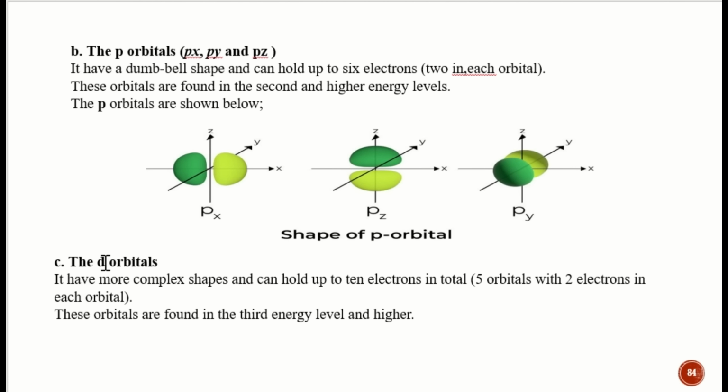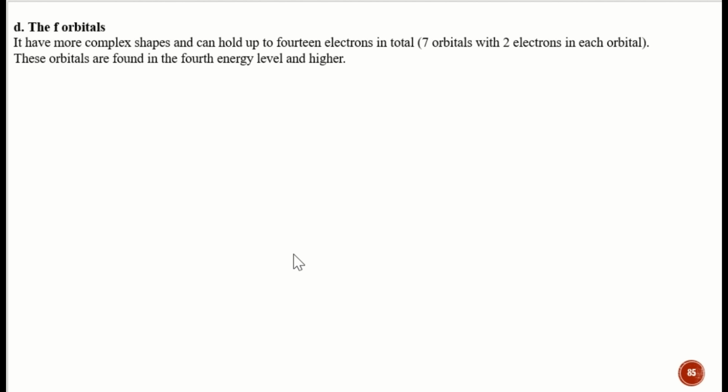And the next is the d orbital. It takes a maximum of 10 electrons. It has 5 orbitals, d1 to d5, and it's regarded to be a higher energy level than the p and the s. And the highest of them all is the f orbital, which has 14 electrons, within the f1 to the f7 orbitals.